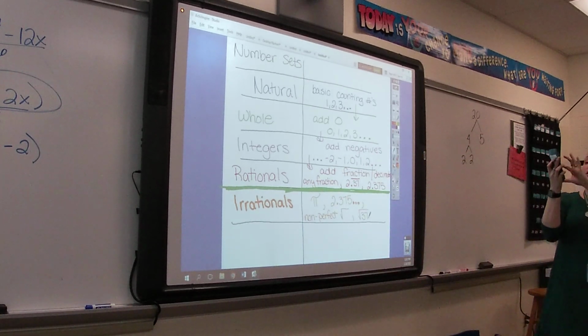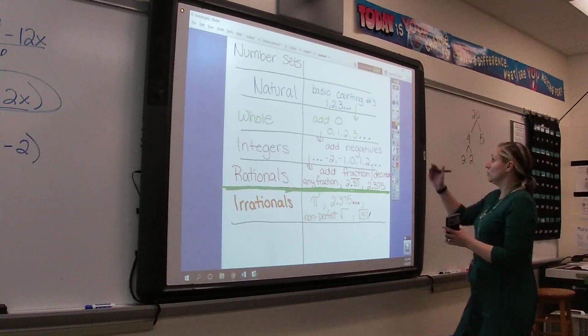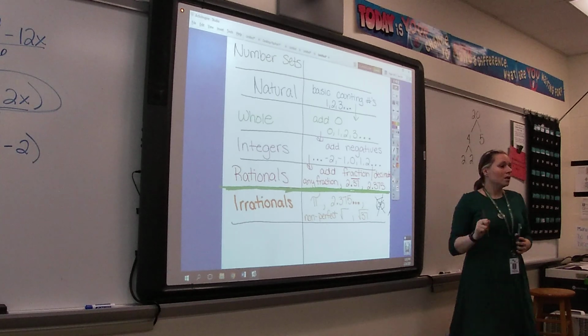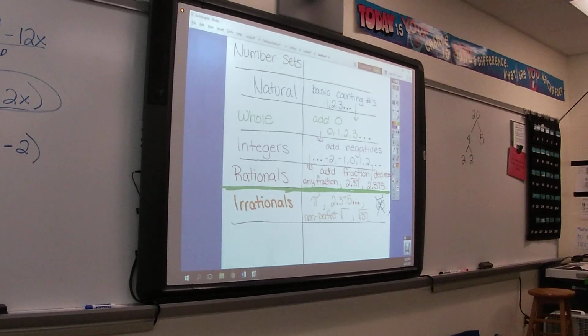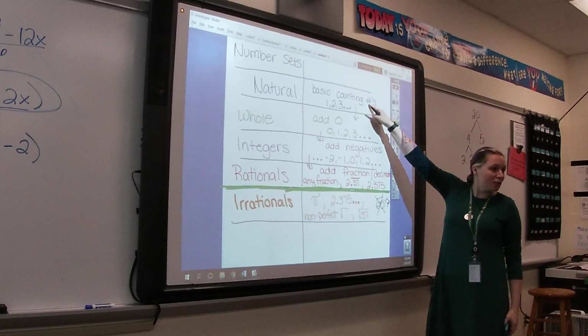If I take my calculator and type in the square root of 37, I get 6.08276253. Weird number. That is irrational. The square root of 25 is not irrational, because what is the square root of 25? 5. This equals 5, which means this goes up here.